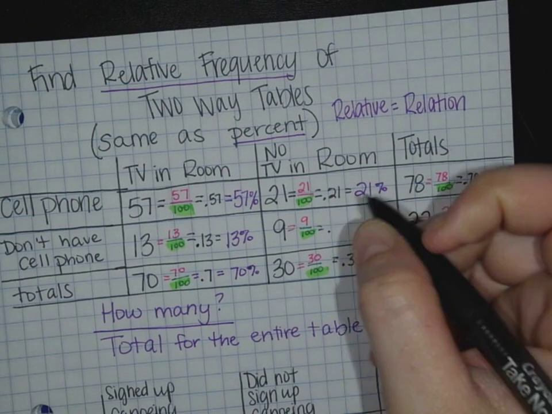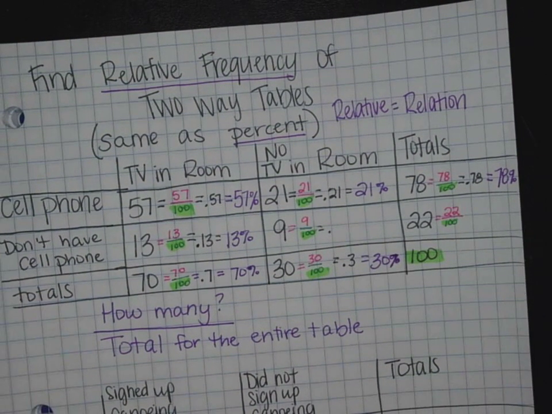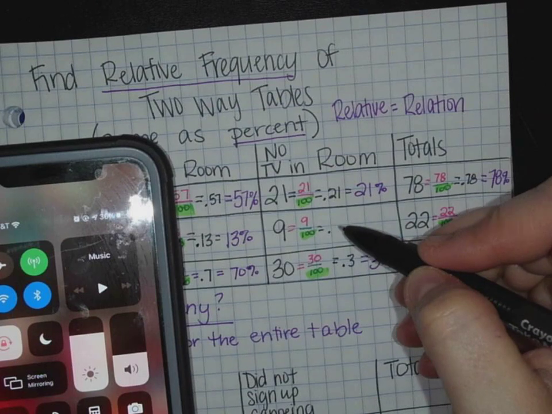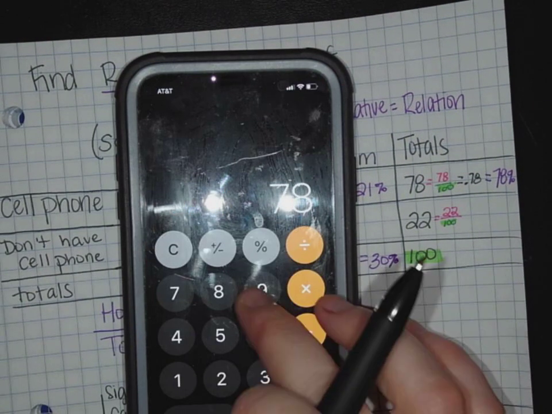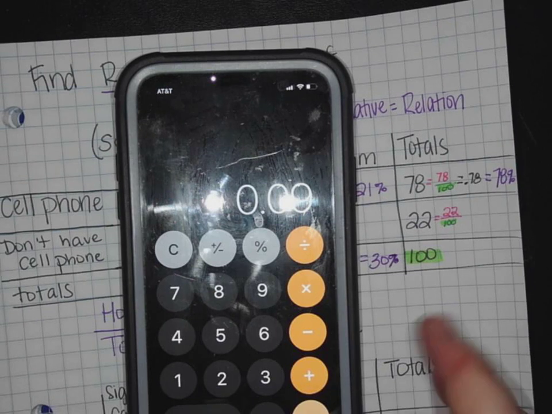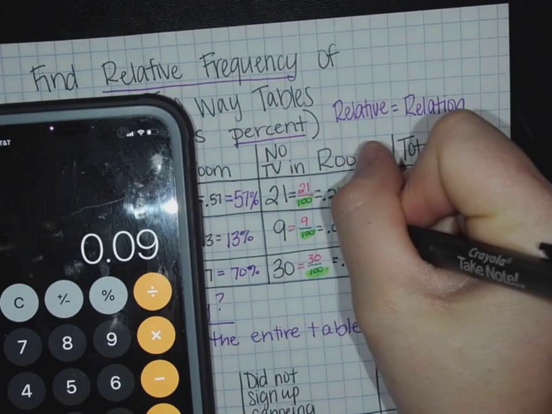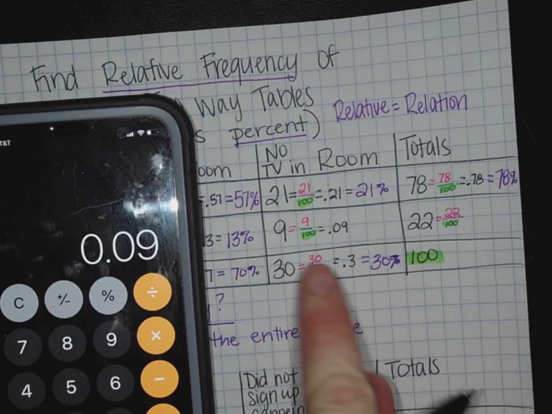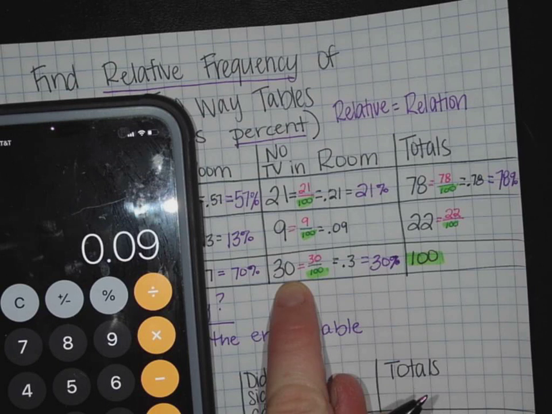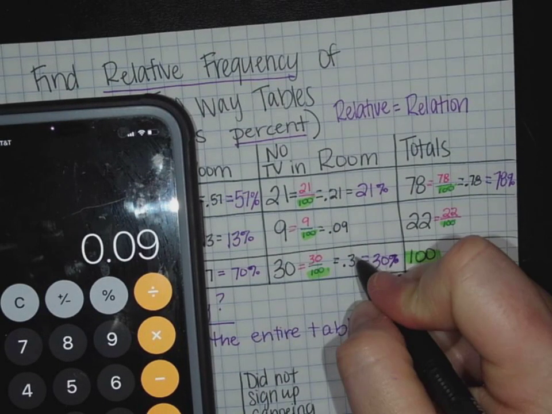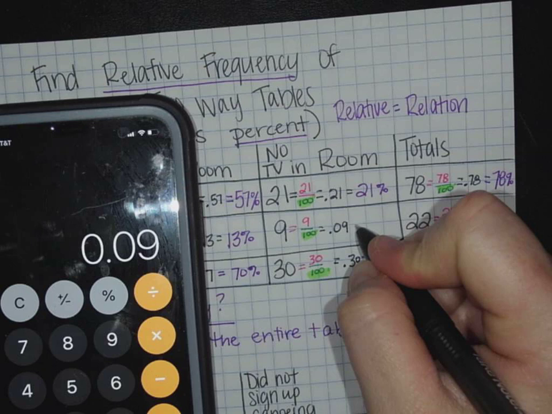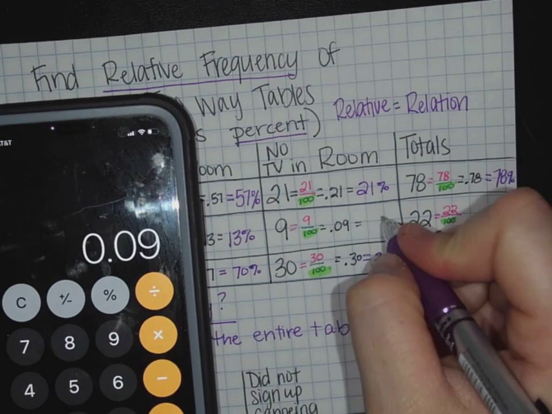Now these ones always trick people if it's a single digit. You don't want to put 0.9, which would be 90%. You want to do 9 divided by 100, which is 0.09. So there's a difference between 9 and 30. Notice 0.09 and 0.3, you could put a 0 there if you wanted. So that would be 9%.